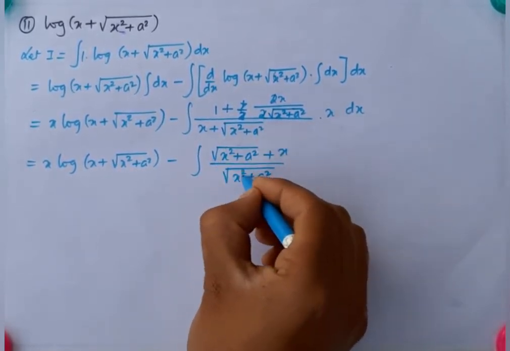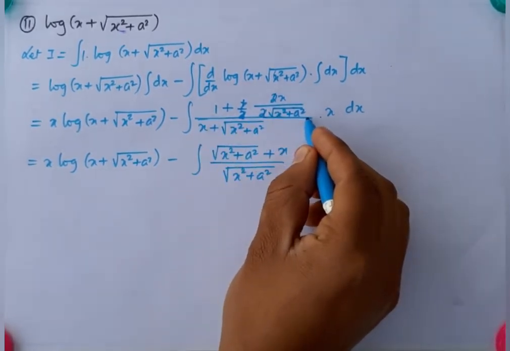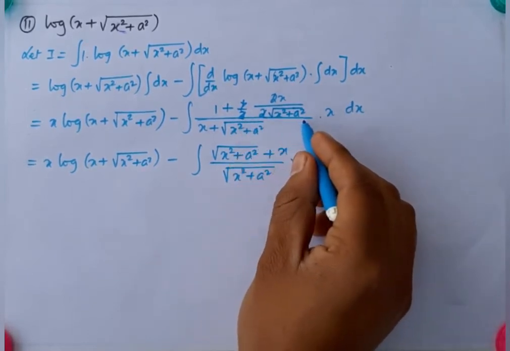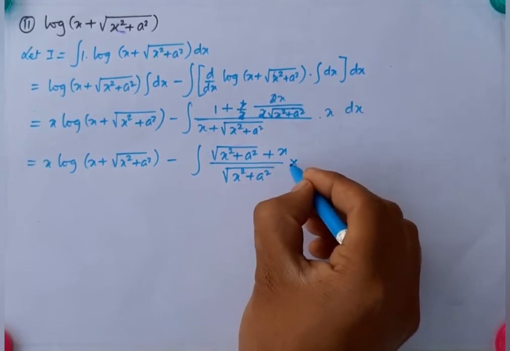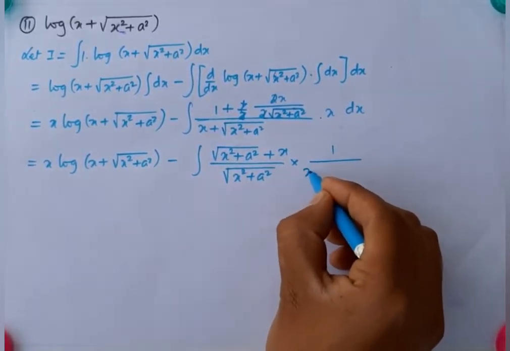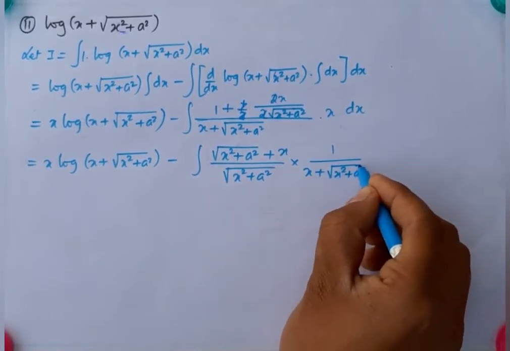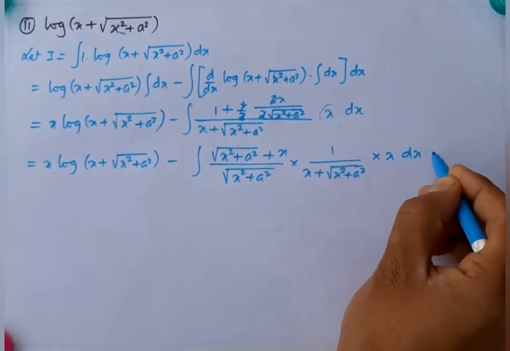Now this is the simplification of the numerator only. Now this line is what? When it converts into multiplication, this division becomes 1 by x plus square root of x square plus a square. But remember we have x also, so that x will be kept here, okay, fine.